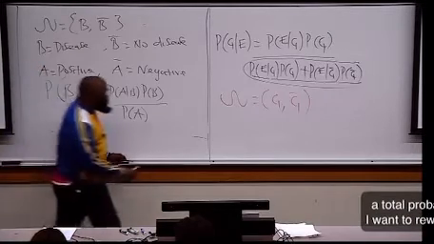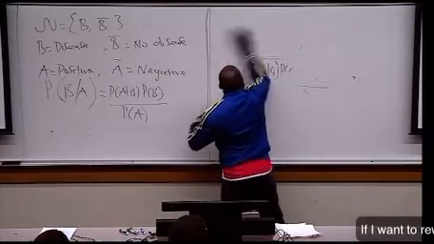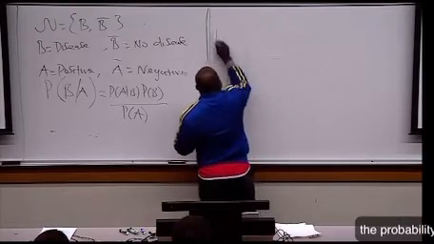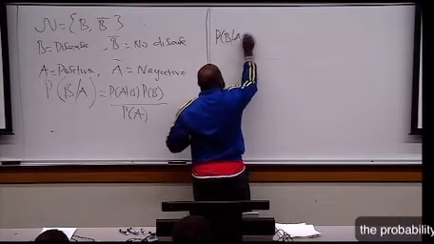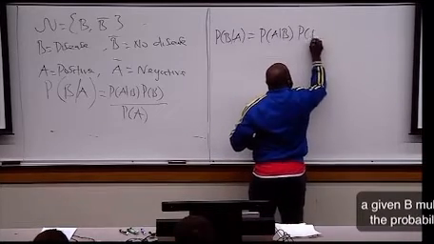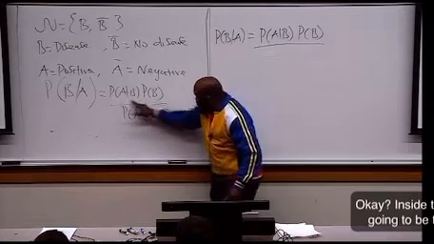So I'm going to rewrite that as the probability of B given A equals the probability of A given B multiplied by the probability of B, over the denominator.